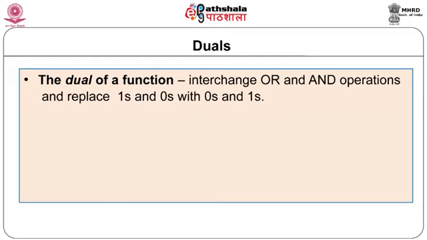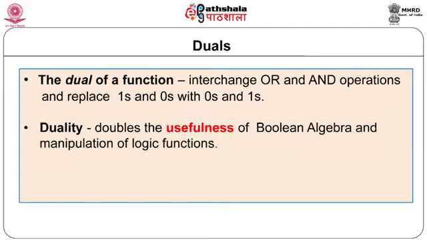The primed version of the theorem is obtained from the unprimed version by swapping 0 and 1, and the OR symbol is interchanged with the AND symbol. Duality is important because it doubles the usefulness of everything about Boolean algebra and manipulation of logic functions.